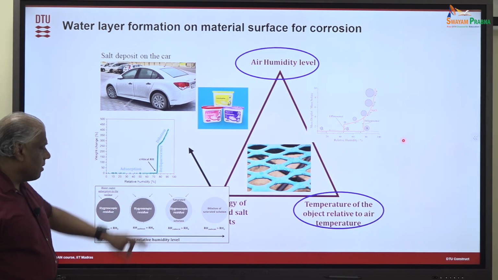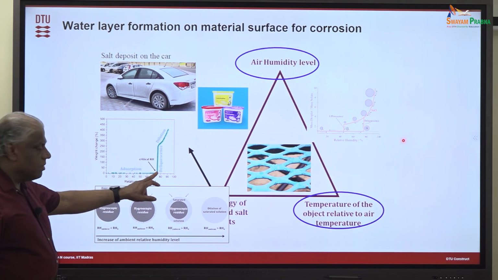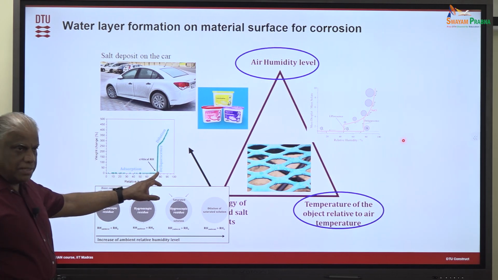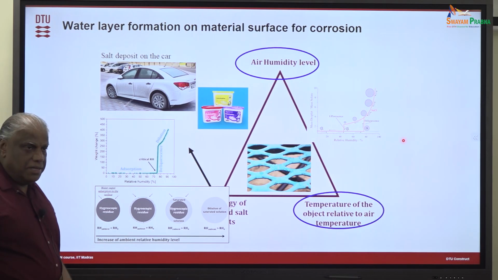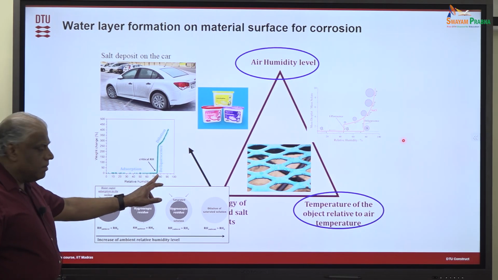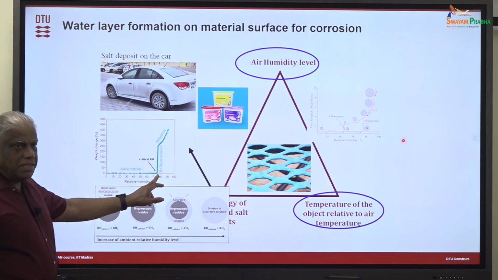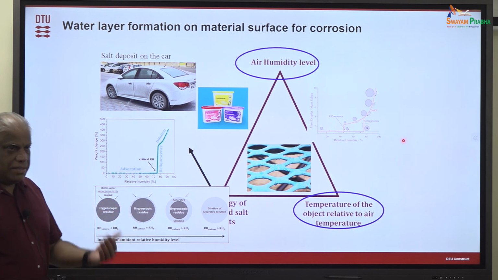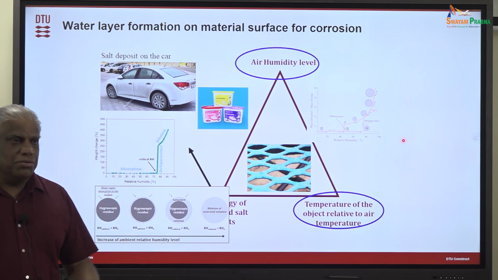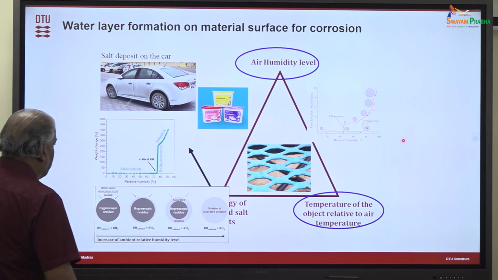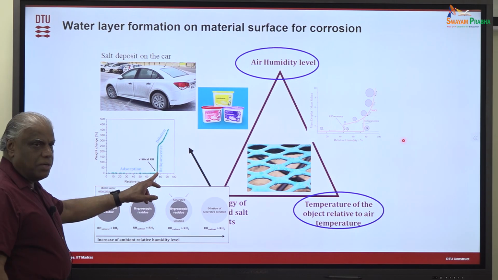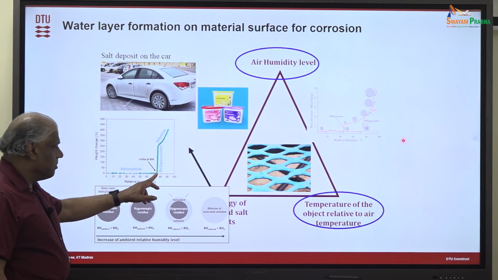So take sodium chloride: if the humidity around sodium chloride is less than 75%, it will not dissolve into the water. Thermodynamically, the solid is stable rather than the liquid. Once the humidity reaches 75%, the sodium chloride dissolved in solution is much more stable than the solid state. So it starts dissolving into the water, and that way it becomes a sodium chloride solution. This is what we call deliquescence.